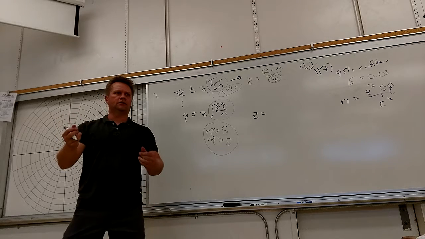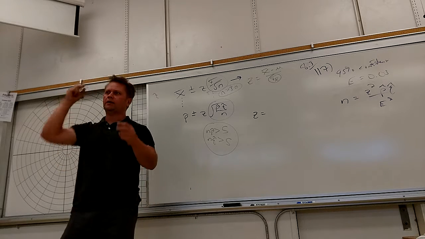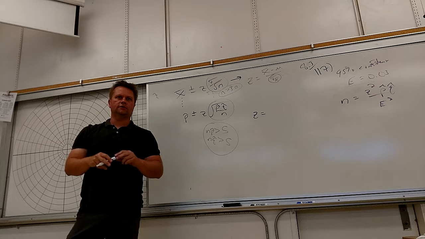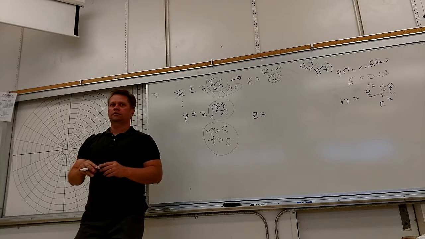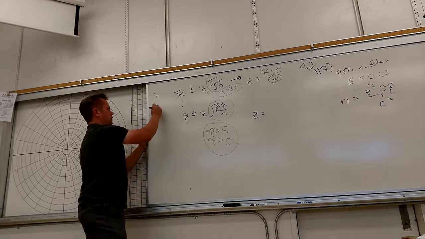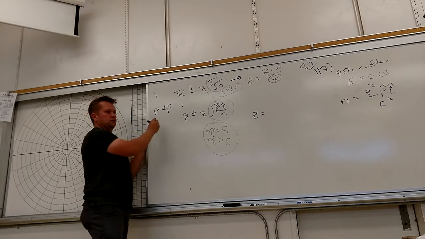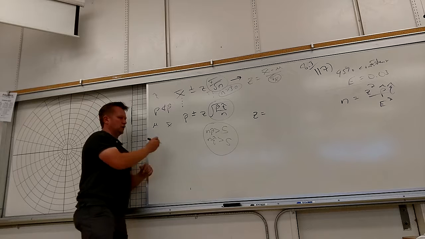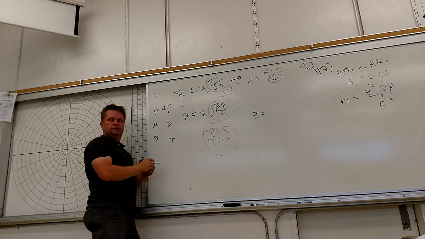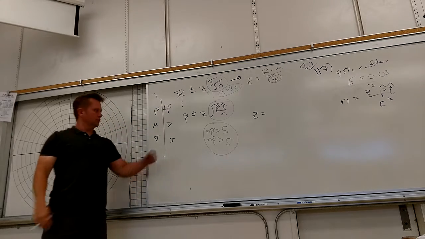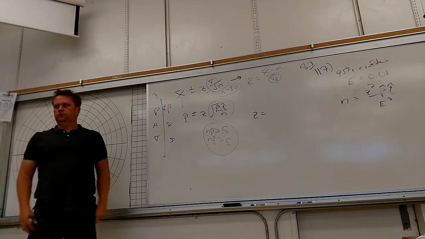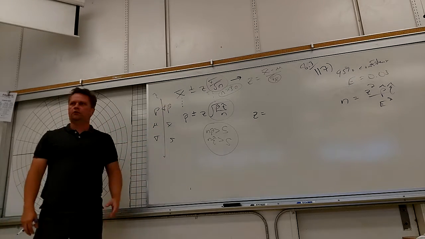Was it graduating? Is there a little tassel in the back? A sombrero? There's a difference between P and P hat, the same difference as between mu and x bar, and between sigma and s. That's a sample. It's got a little hat on it, just like the x got a little bar on it. And poor little s gets no clothing or anything.